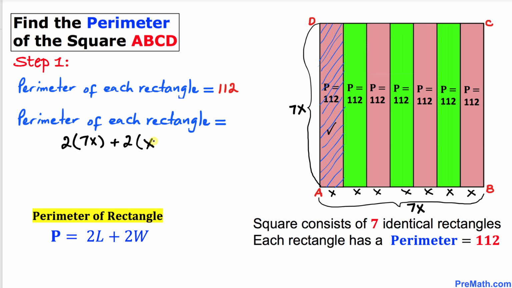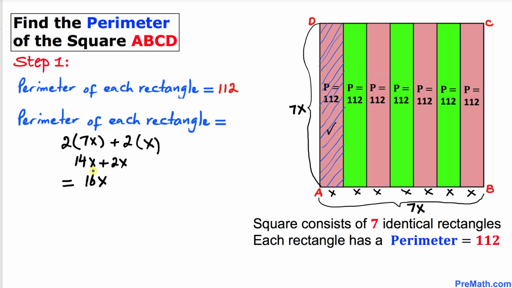Let's simplify this one. 2 times 7x is going to be 14x, plus 2x, that is going to be equal to 16x. So the perimeter of each rectangle is 16x, and our numeric value is 112.